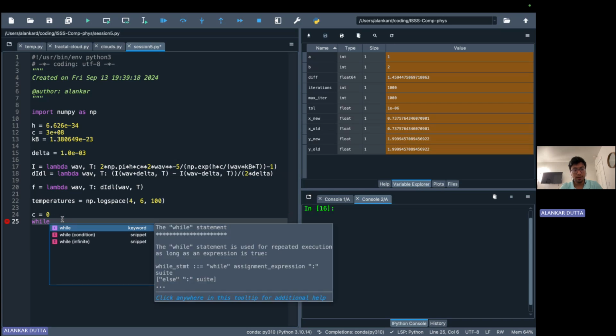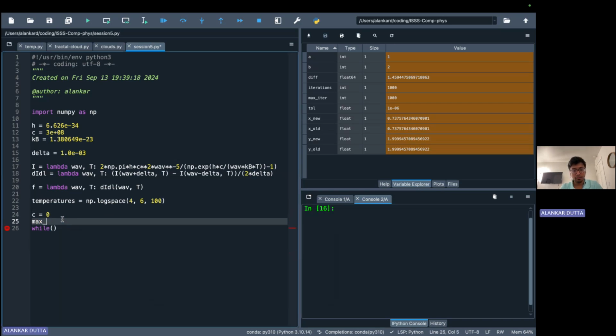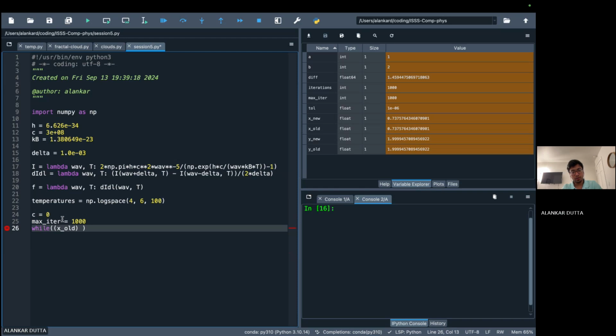Similarly, we have max iter equal to 1000, and we do a while loop: while the difference between x old and x new is greater than tolerance and iterations is less than max iter.